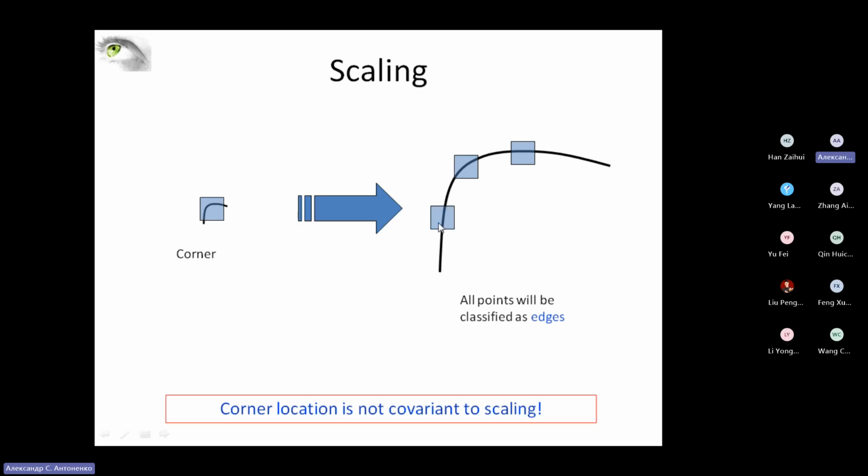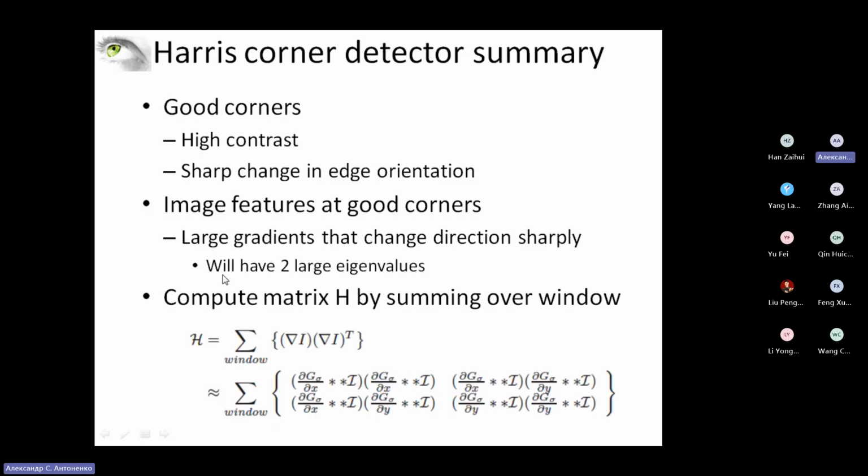If we take any small region, we find, no, this is not a corner, this is not a corner, it's all edges. It's very smooth, not as sharp as it was here. So corner location, unfortunately, is not covariant to scaling. So this is not very good.